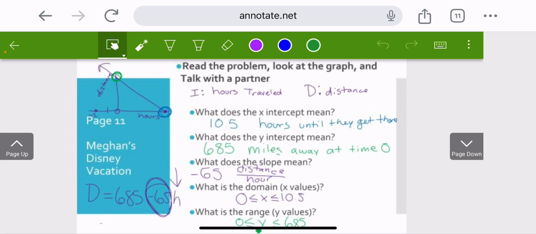So my y's are between 0 and 685. We are not going to wind up using domain and range a ton. It's not going to be we're going to say this every single time. But it can show up every now and then, and so I wanted us to talk through what the heck they mean again. Because it's been a while for most of us since we identified domain and range. They're not super complicated, but they're mildly annoying. Which is normal.